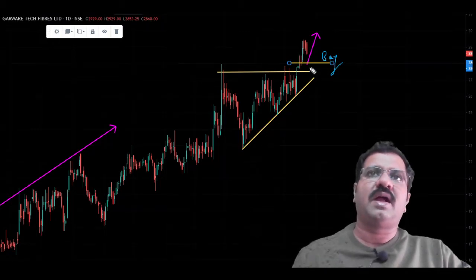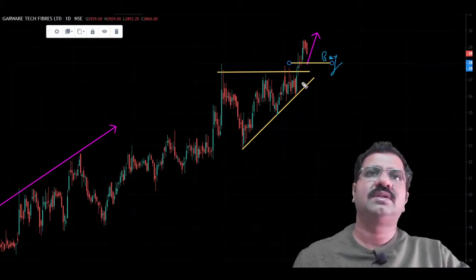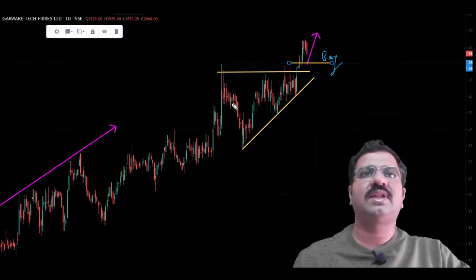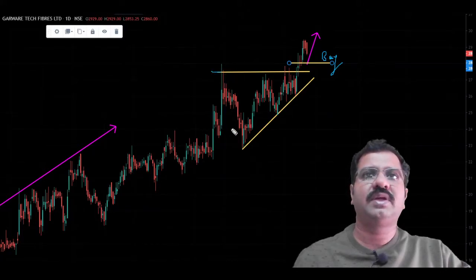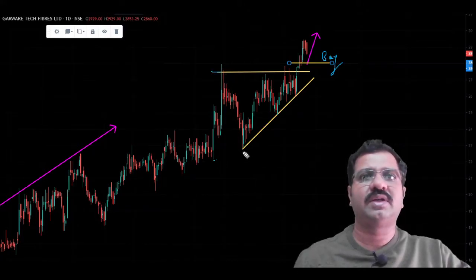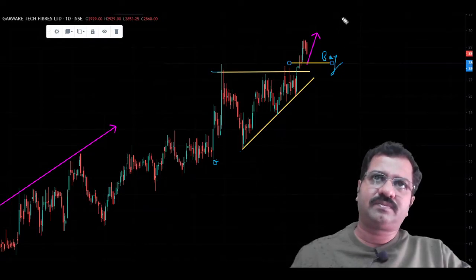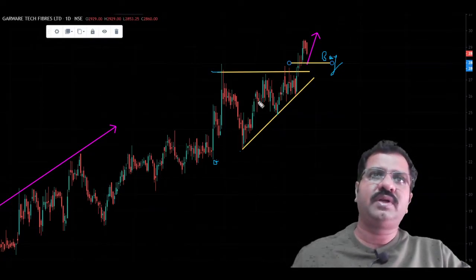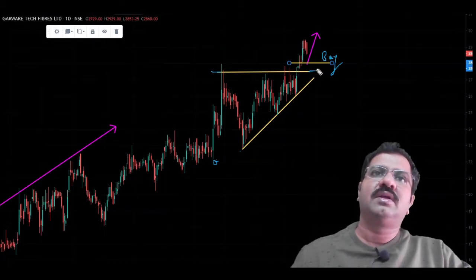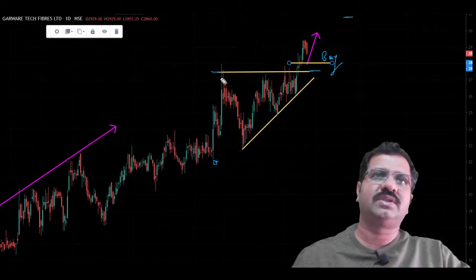Okay, and where will you exit? You have to calculate this line, generally from here till here, and you have to book profit when price moves from this point to the point above, and it should be the same distance as this distance.